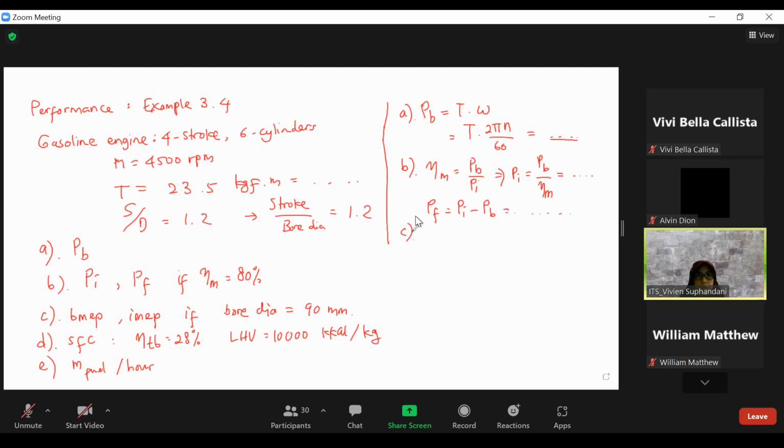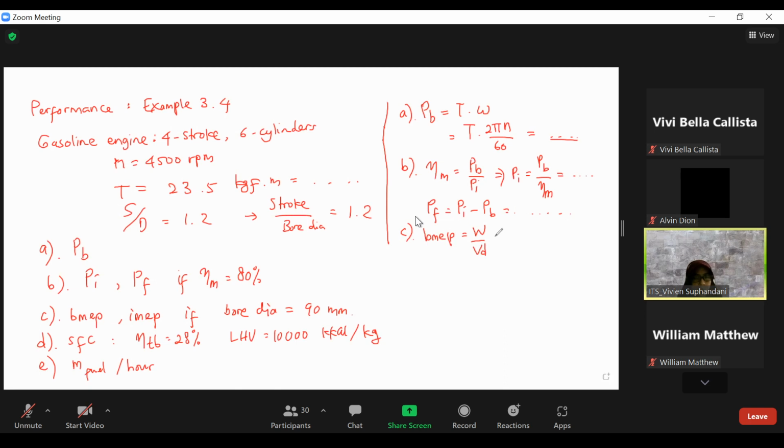Okay. Now question C is new. How to find BMEP? BMEP is basically the total work divided by the volume. You can just write it as VD, or just V, the volume.